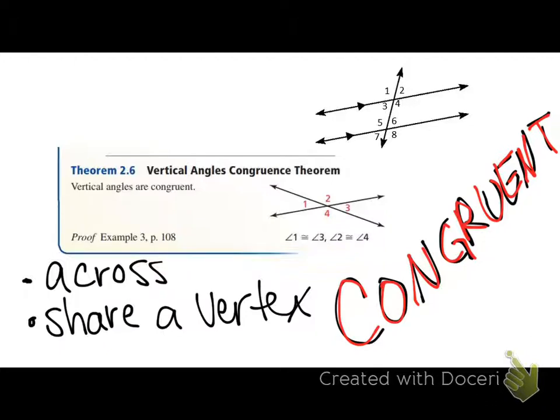So this is where you can, if you want to, take your highlighter and highlight some of these angles. 1 is vertical with 4. 2 is vertical with 3. 5 is vertical with 8.